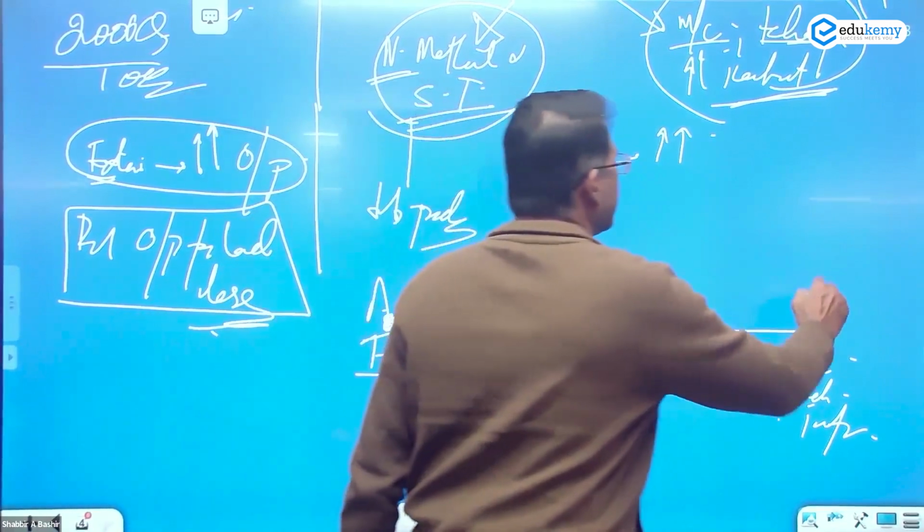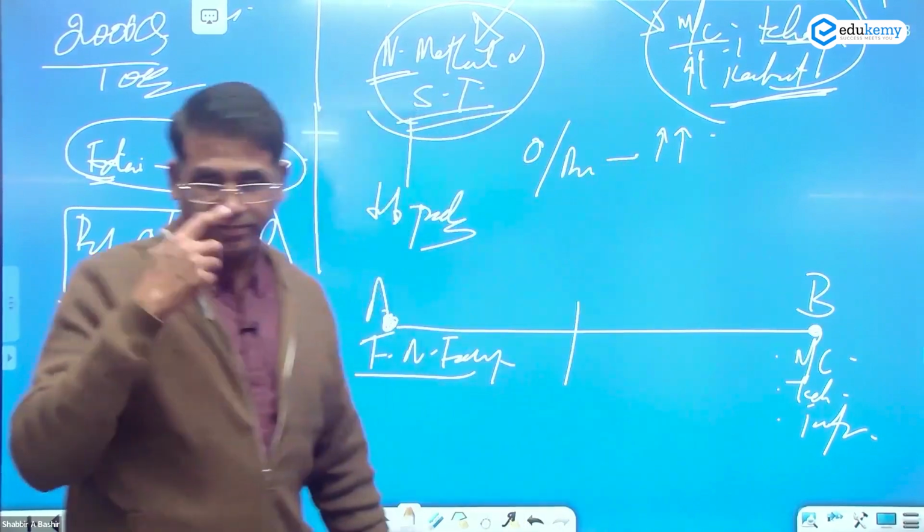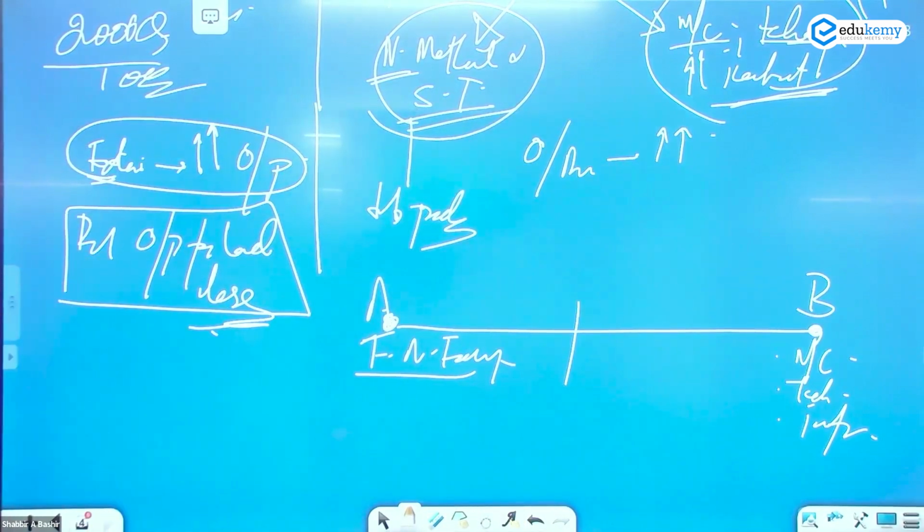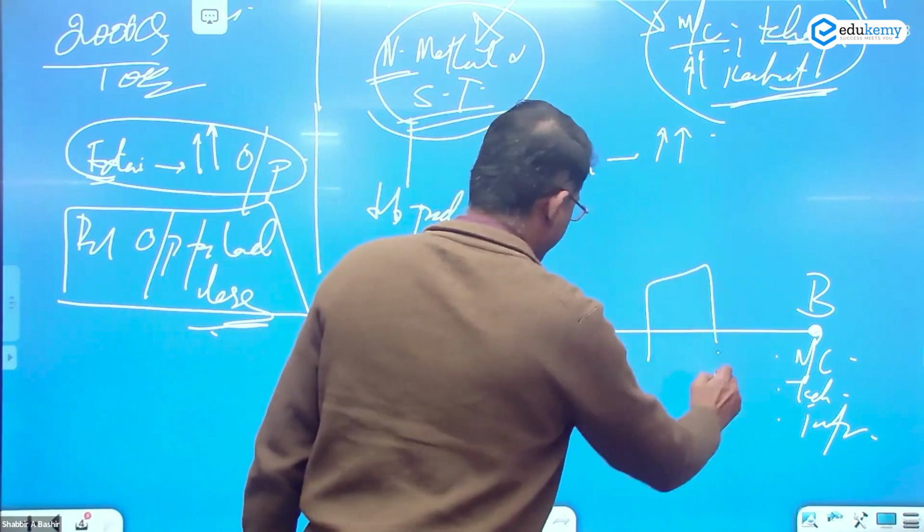Where do you think India is? A or B? Where do you think India is? A or B? Yes, India is somewhere here. इधर नहीं है.